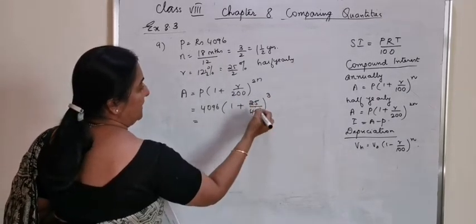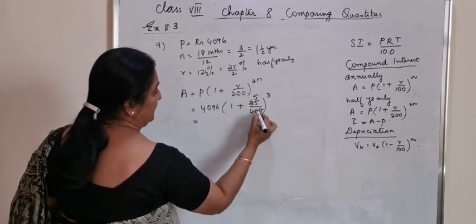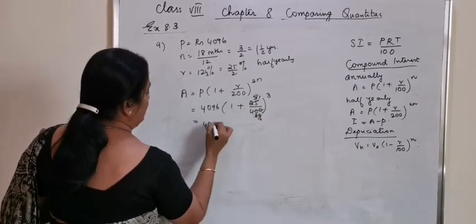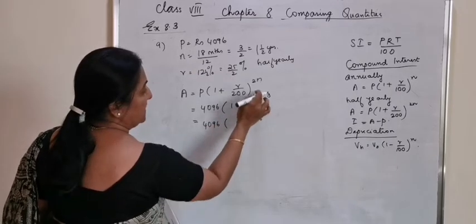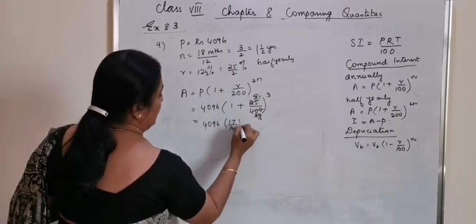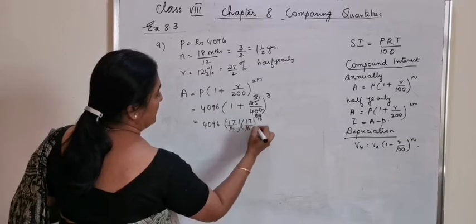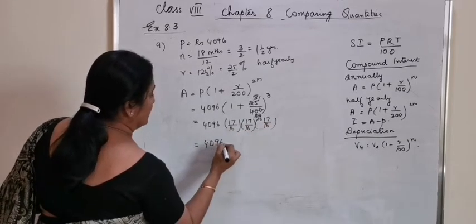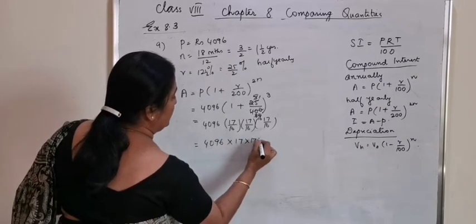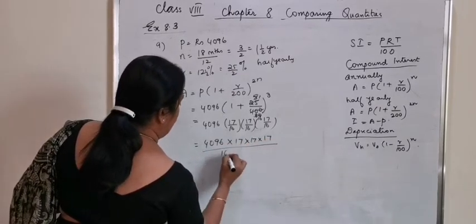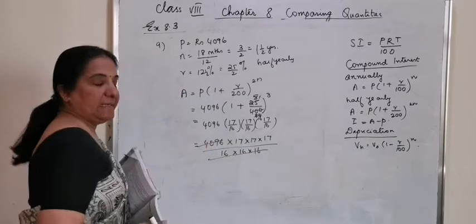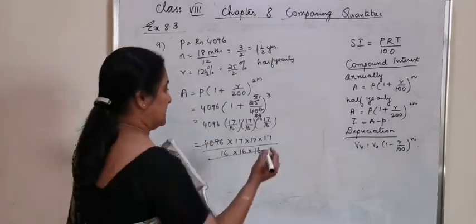5 5s are 25, 8 5s are 40, so 1 by 16. 4,096 into 16 plus 1, 17 by 16, 17 by 16, 17 by 16. 4,096 into 17 into 17 into 17 by 16 into 16 into 16, it is directly getting cancelled with 4,096.